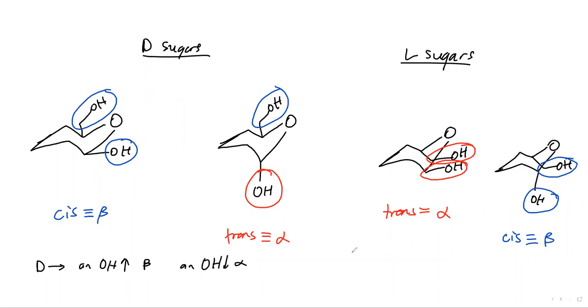And then we'll just flip it for L sugars. So in this case, anomeric OH is up, so it's alpha, and then anomeric OH is down, so it's beta. That's something you can just write on a note card and use really well.